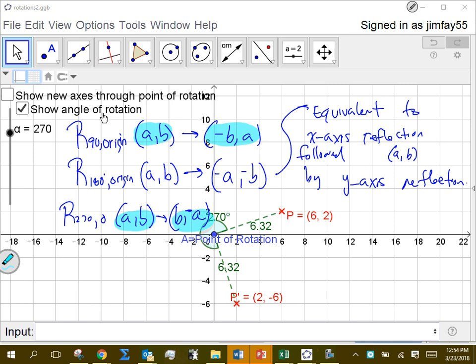Now, the way I remember that, which rotation would you come across first, 90 or 270? 90. So that's the first rotation you come across. So that's why the first coordinate in the image is the one that I apply the negative to. Okay? So if you can develop those associations and relationships, it's going to allow you to remember those things a lot easier than just trying to take a picture in your brain and then copy that picture down at some point. Okay?